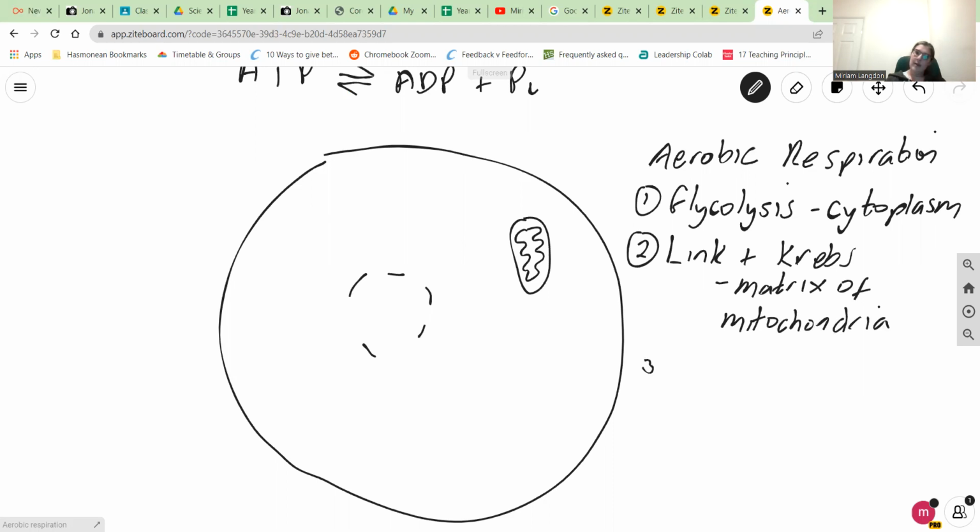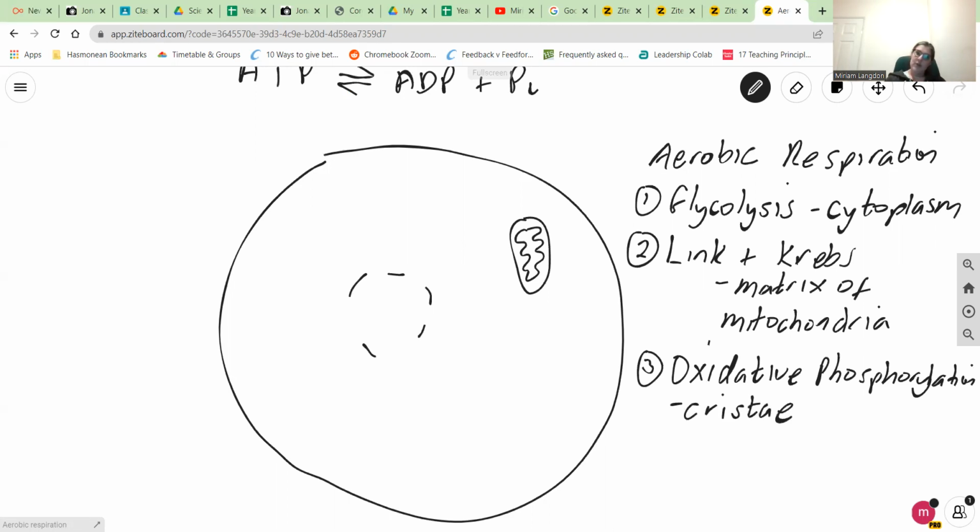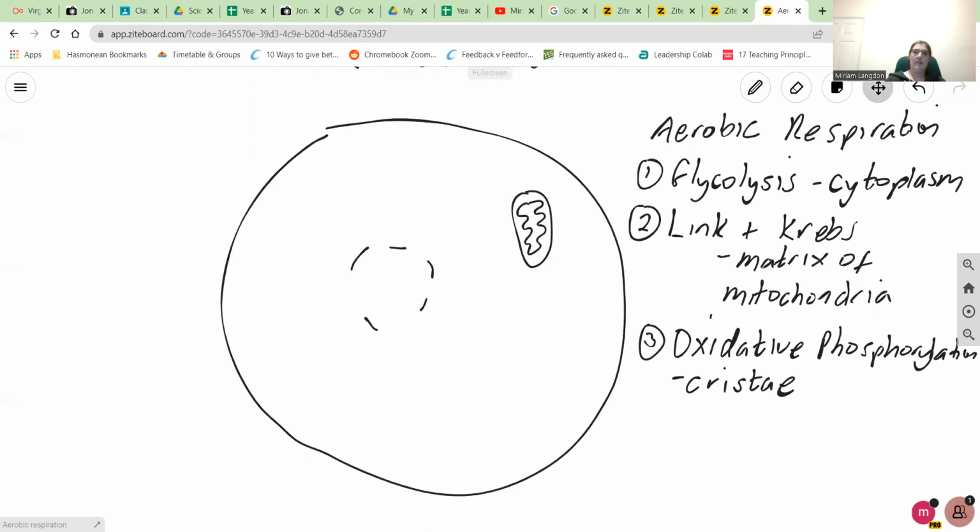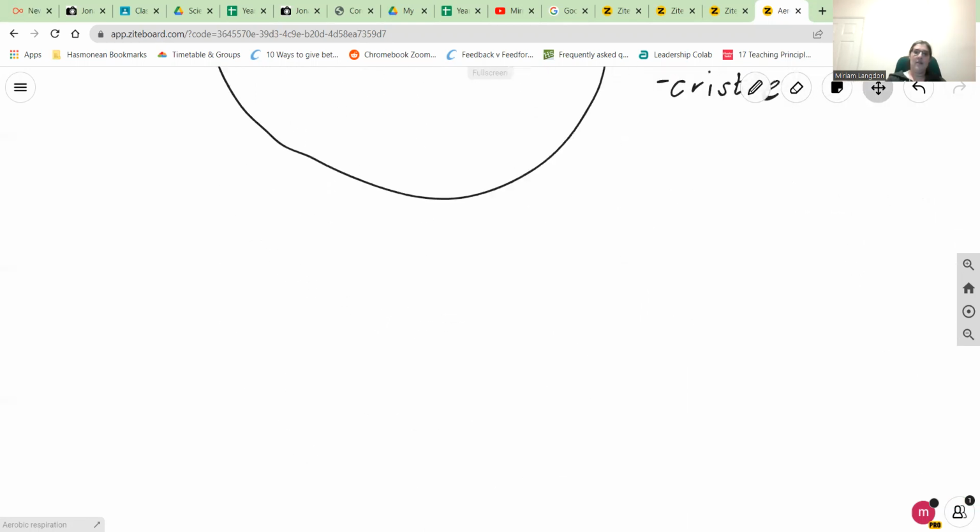And part 3 is oxidative phosphorylation, which takes place on the cristae, those inner foldings of the mitochondria. You should have come across the structure of the mitochondria way back in cells, but we will have another look at it again when we get to that reaction.